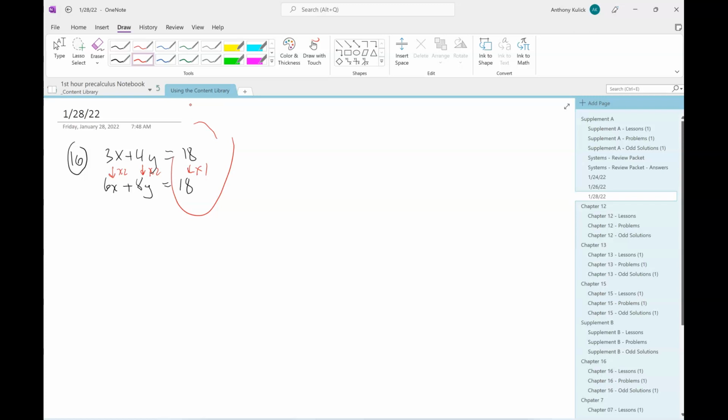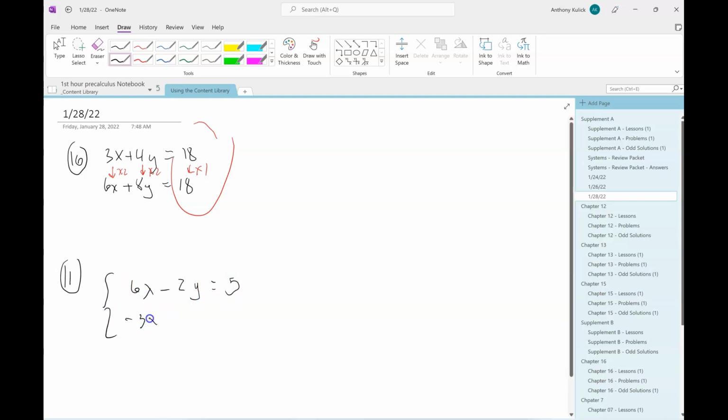Sure. So 11 asks for substitution, I guess. 6x minus 2y equals 5, and then negative 3x plus y equals 7.